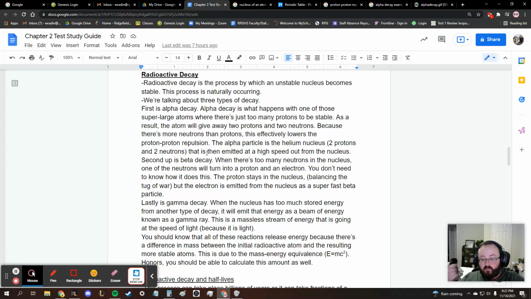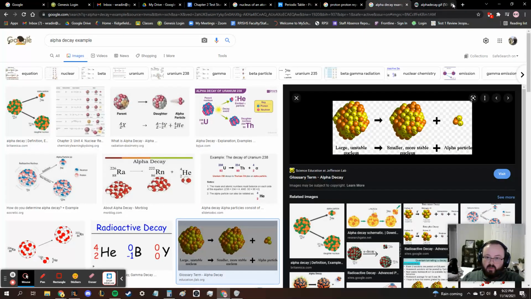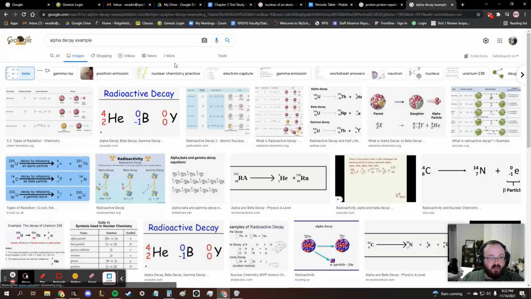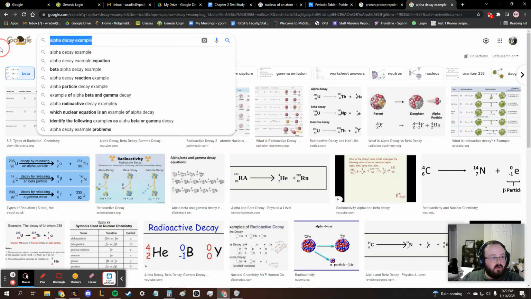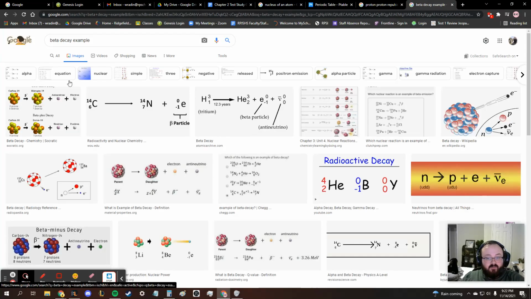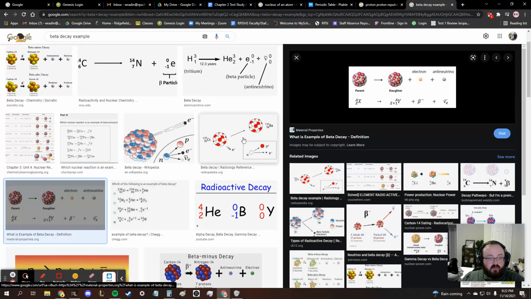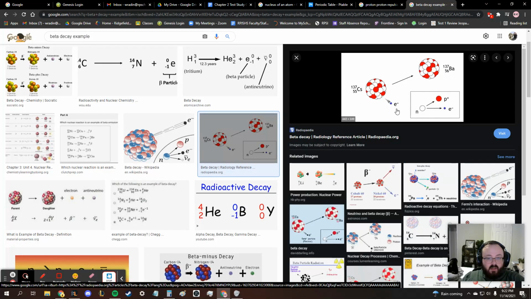Beta decay, too many neutrons. One of those neutrons turns into a proton and an electron. Not going to get into why or how that happens, but that's basically just what it does. This neutron turns into an electron and a proton, and then ejects that electron super fast.